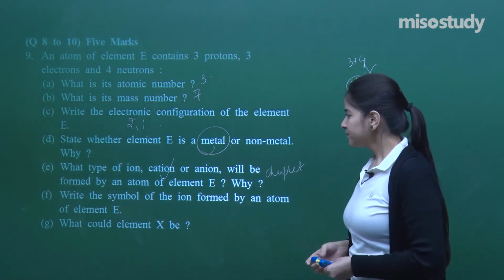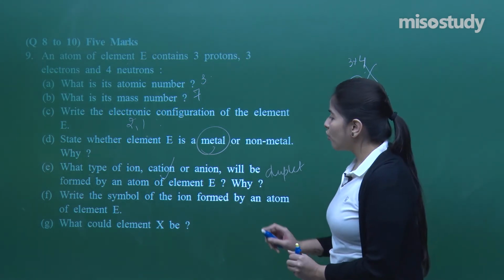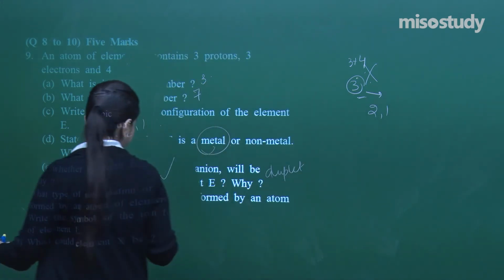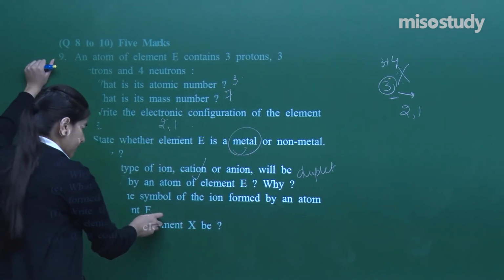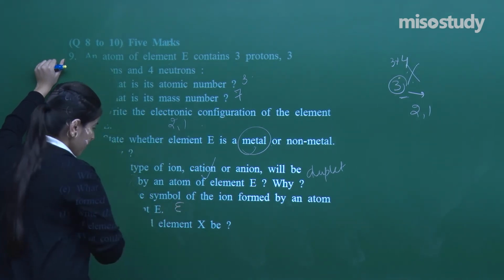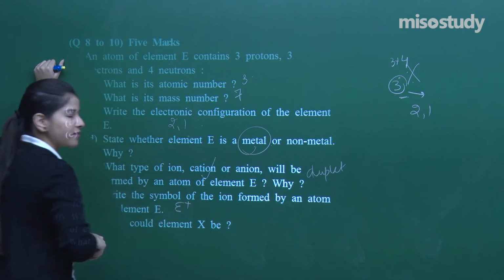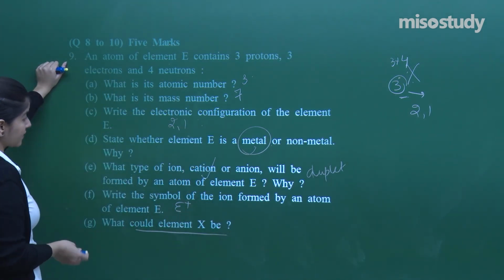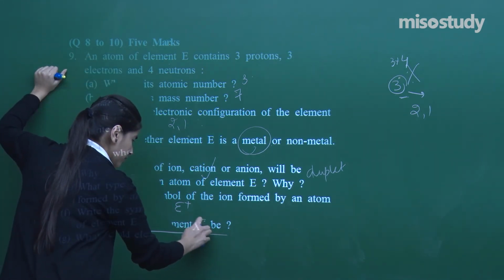Cool. Write the symbol of the ion formed by an atom of element E. So what is the symbol of the ion formed? Element E is there, so E, write the symbol of ion formed, E+1. Fine, this is the symbol. What could be the element? Not X, but here they are asking about E only.